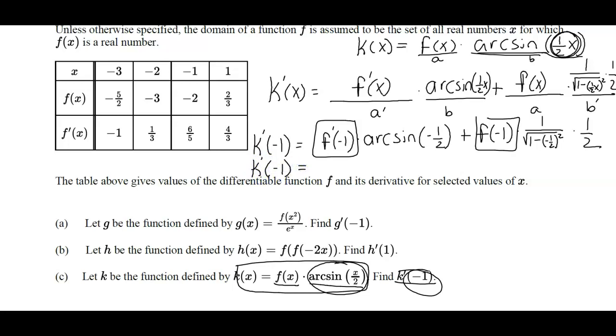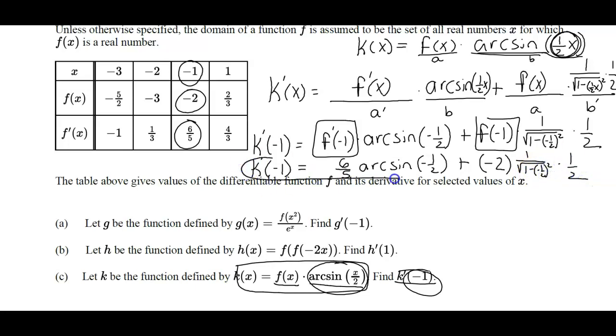So f prime of -1 is 6/5. F of -1 is -2. And we are officially done at that point.